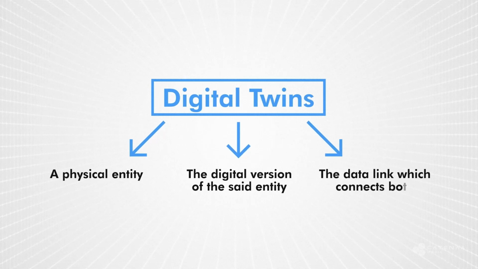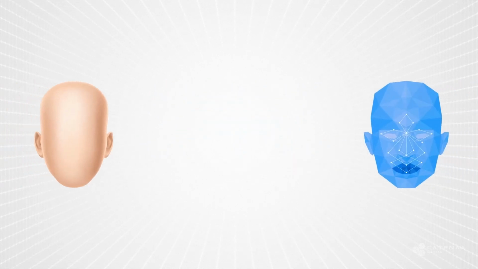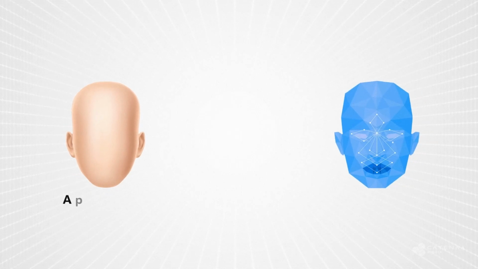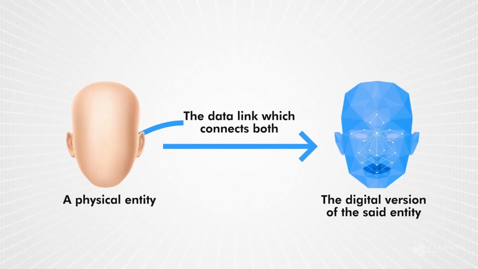Digital twins are made in a way that they can communicate with various sensors on the physical entity, allowing them to accurately portray real-world conditions. Hence, digital twins are not generic and contain characteristics that make each twin unique, just like its physical counterpart.